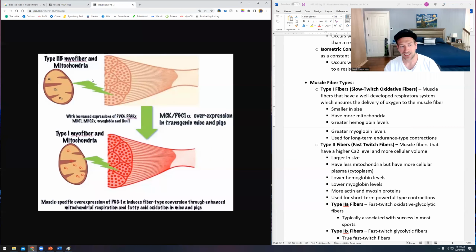So when you look at this kind of picture here, you can see this type 1 fiber is bright red. That's actually what you'll sometimes hear these referred to as: your red fibers. They call them that because they get a lot of blood flow, and blood means oxygen delivery. They have a lot of things that can use that oxygen, like mitochondria. There's actually going to be more enzymes there.